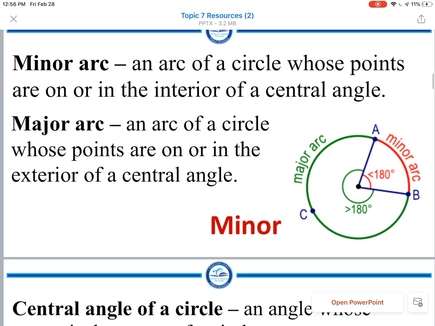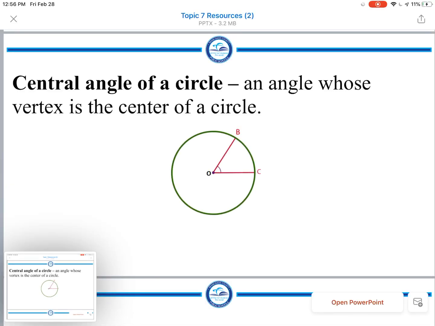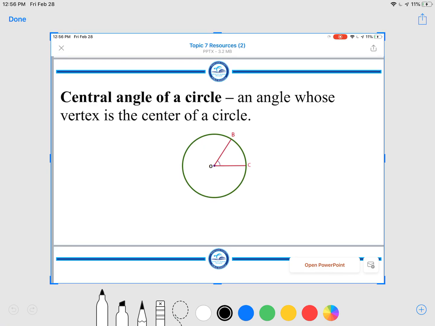Okay, next. Oh, so here they talk about central angle. A central angle of a circle is an angle whose vertex is the center of the circle. So notice where the vertex of this angle is. It's right there at the center.